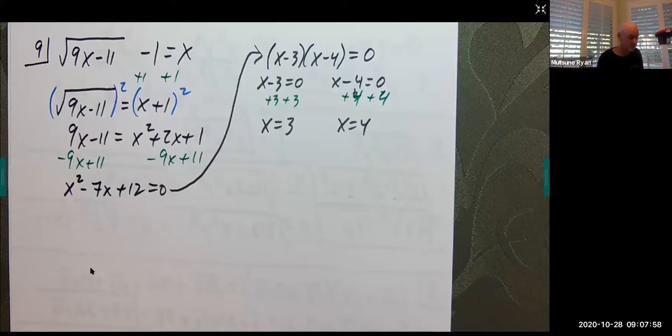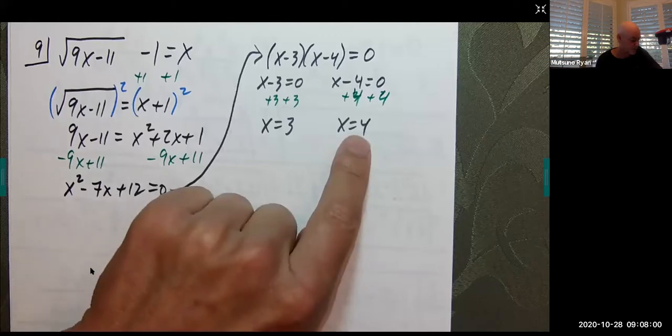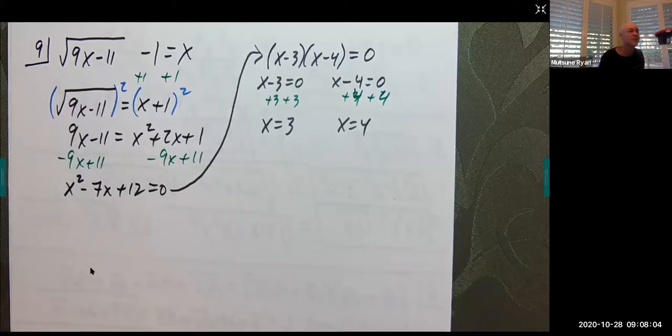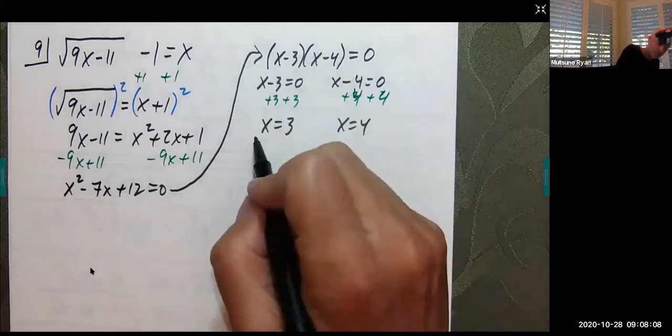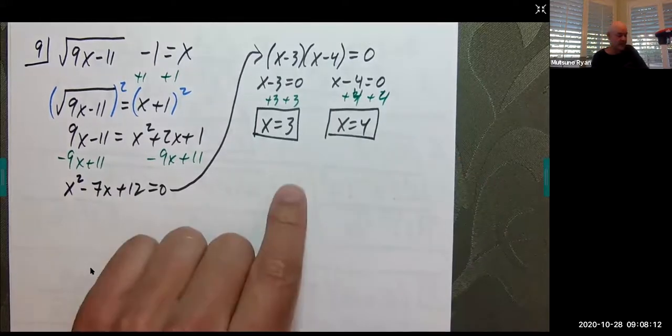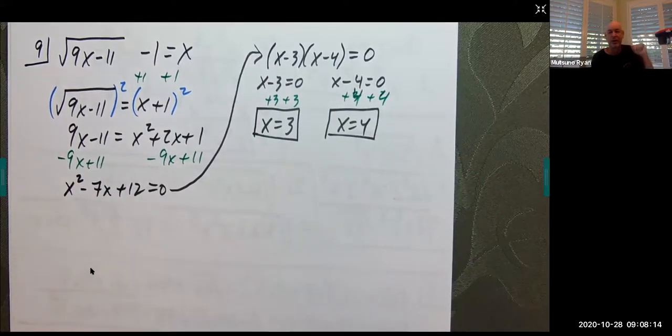Root 16 is 4, 4 minus 1 is 3. We're good. X equals 4, 36 minus 11, that's going to be 25. Root 25 is 5, 5 minus 1 is 4. Both work. If you need to write that out to verify that, that's fine. It's very possible that we get 2 answers and one of them we got to throw out. That's not unusual. So just double check that.